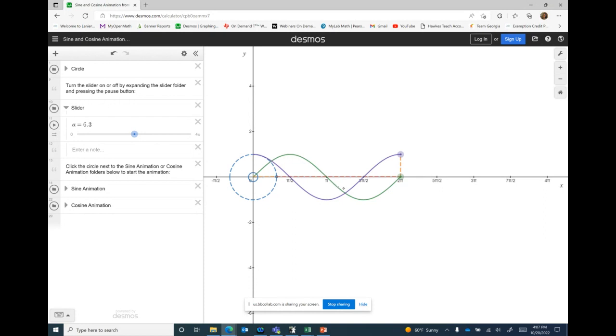There are some interesting things to observe here. The sine and the cosine functions are very similar in a number of ways. Graphically, we can see that the cosine and the sine graphs are actually the same, but one is shifted horizontally by pi/2.